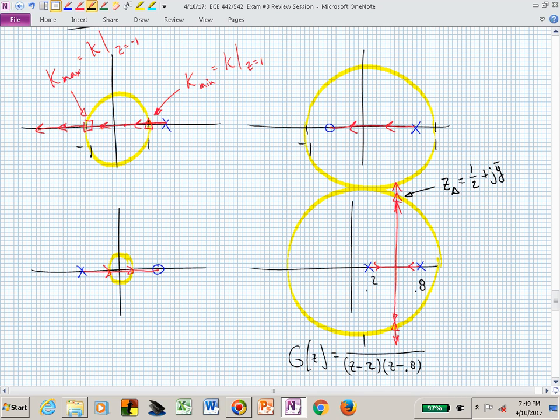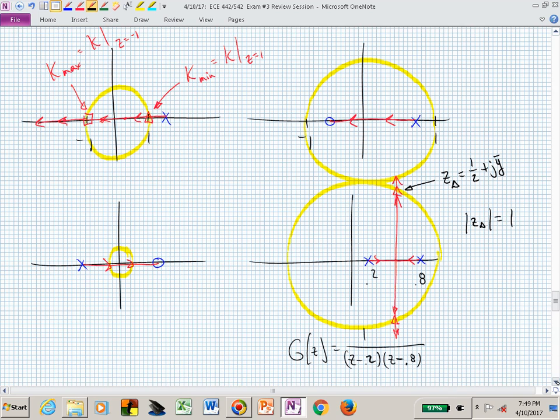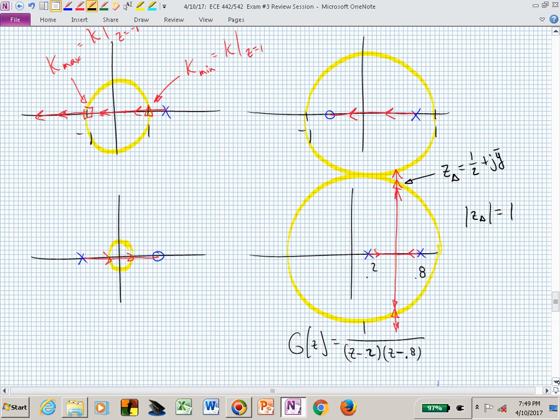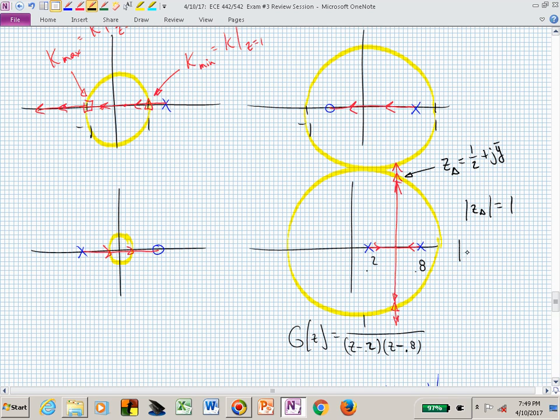What do you know about that triangle? It's on the unit circle. How far is the unit circle from the origin? 1. So we know the magnitude of that complex number, z delta, is 1. So in this case, I know that the magnitude of 1/2 plus j y bar must equal 1.